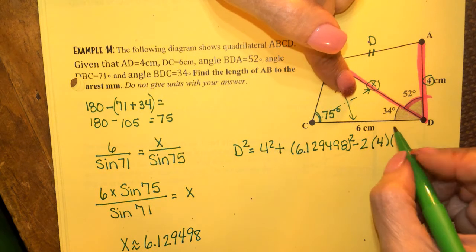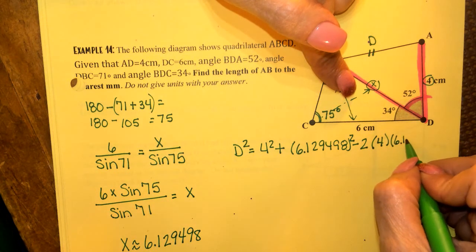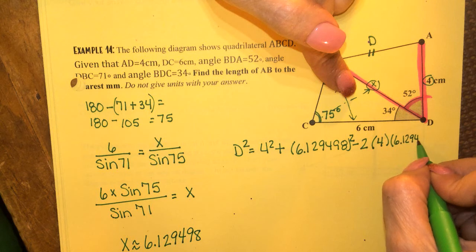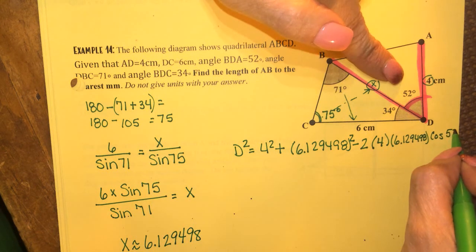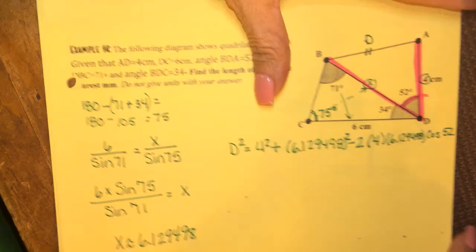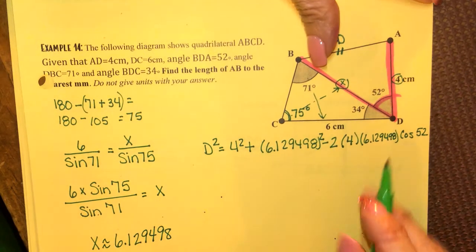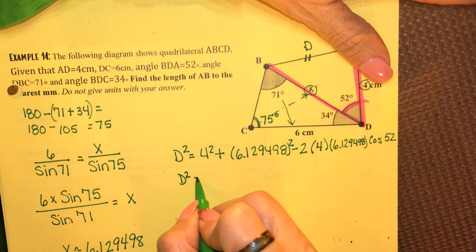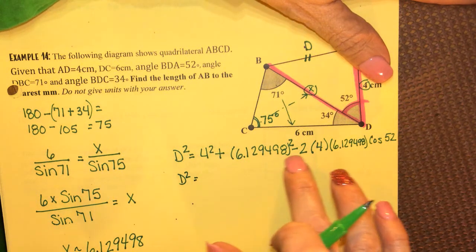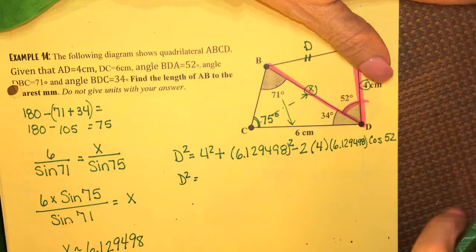I should have just used x right there. I'm hoping that little annotation isn't showing up on your video. Okay, so here we go. D squared equals. I'm going to do all of this on my calculator. That's just one big old number.